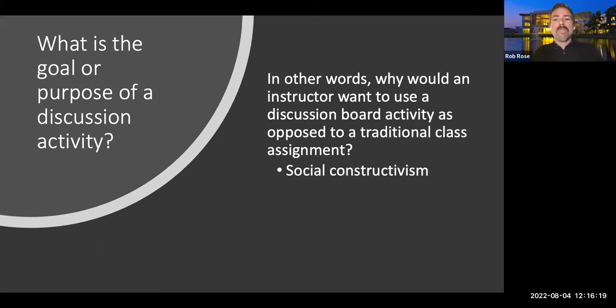And before I move on, I want to take a moment and draw some parallels between a discussion board and a face-to-face discussion, since the goals are predominantly the same. So coming back to the example from earlier, when I was a high school English teacher and I worked on trying to get the momentum started around a class discussion, there were definitely moments when questions landed with crickets chirping.